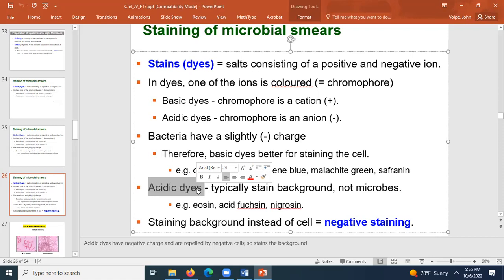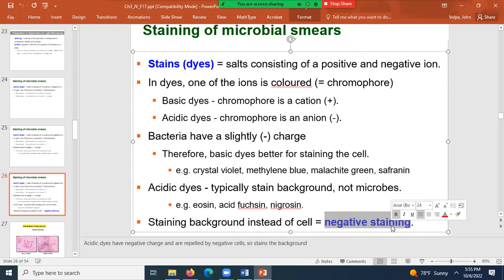Acidic dyes typically stain the background and not the microbe. Some examples of acidic dyes include eosin, acid fuchsin, and nigrosin. And these acidic dyes stain the background of the cell, and we call that negative staining.